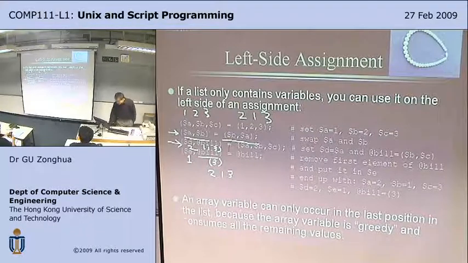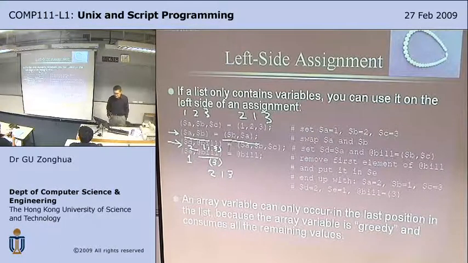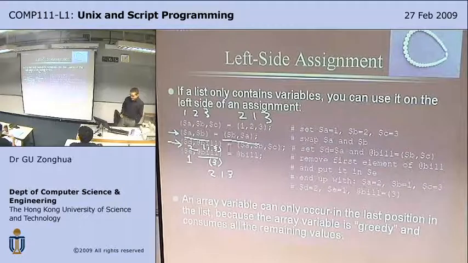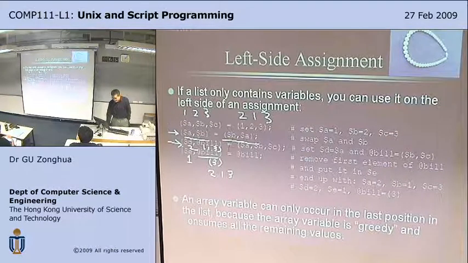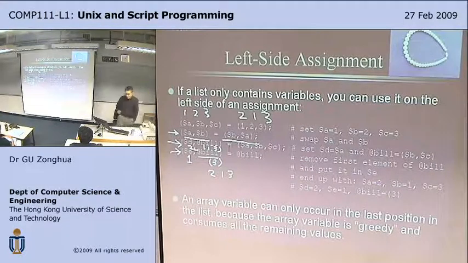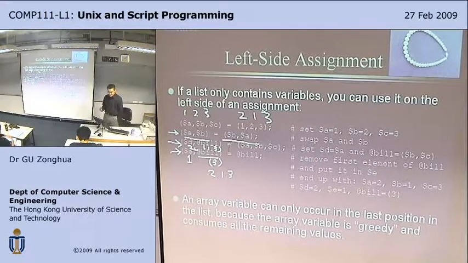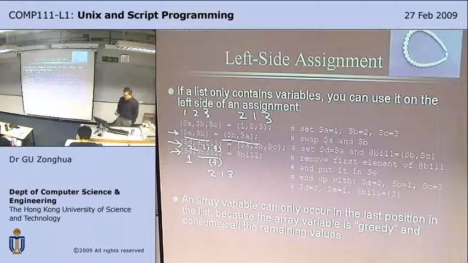So an array variable can only occur in the last position in the list because it's greedy and consumes all the remaining values. So that is, if you have a list like this, then you must have one or more, or zero or more, dollar scalar variables followed by a single list variable.